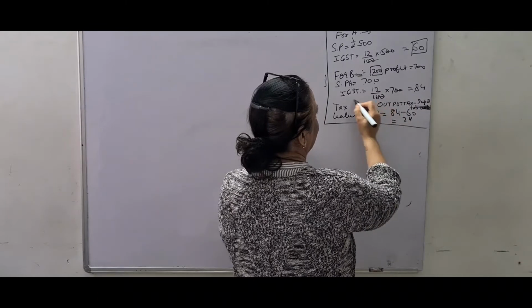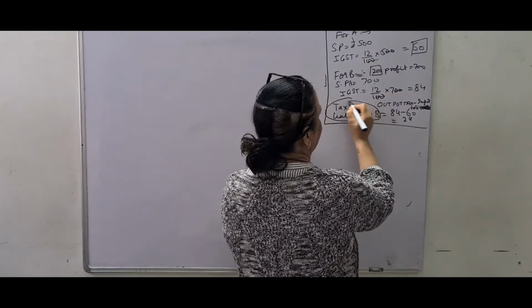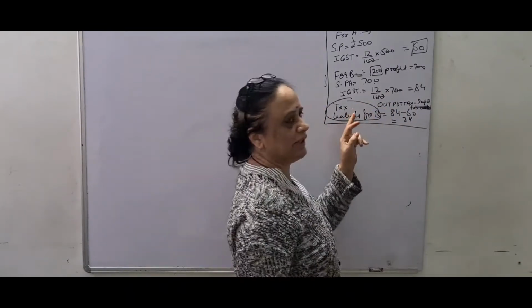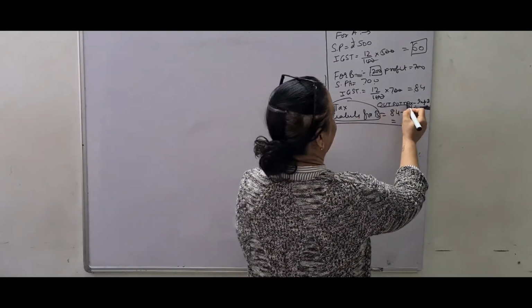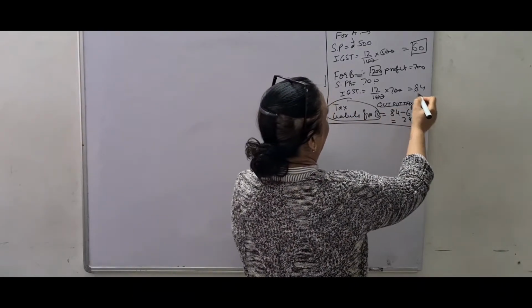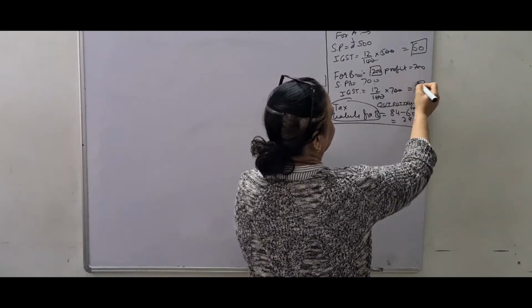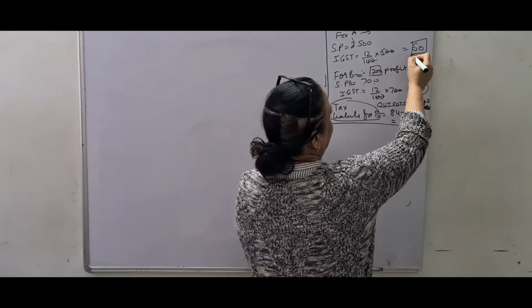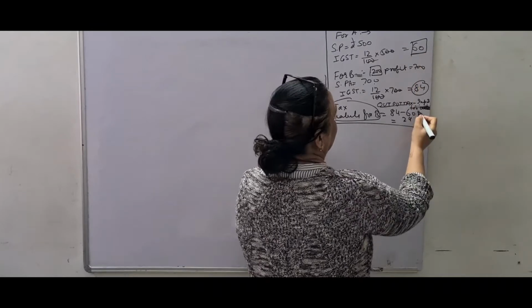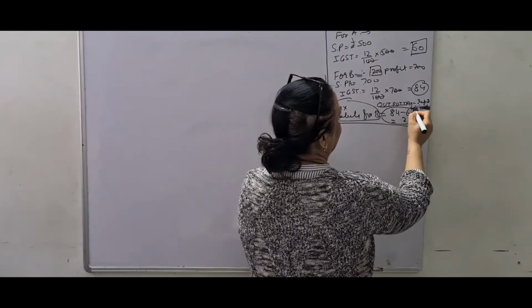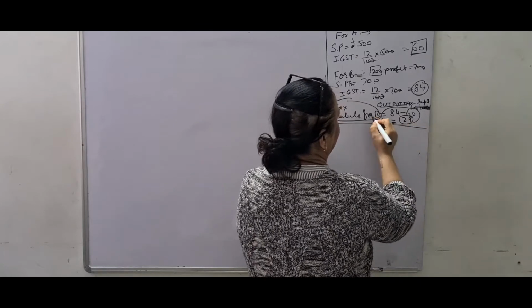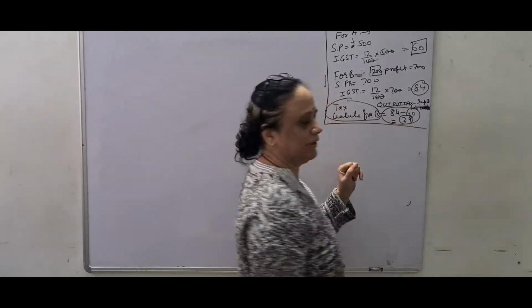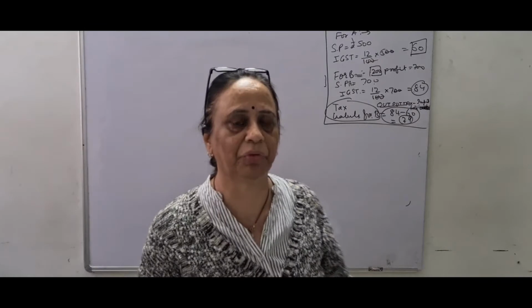I have to calculate the tax liability for B. Tax liability, or you can say input tax credit, ITC, will be output tax minus input tax. Output was 84 and input 60, so the difference is 24, which is tax on the profit, and the tax liability for B will be 84 minus 60, that is 24.